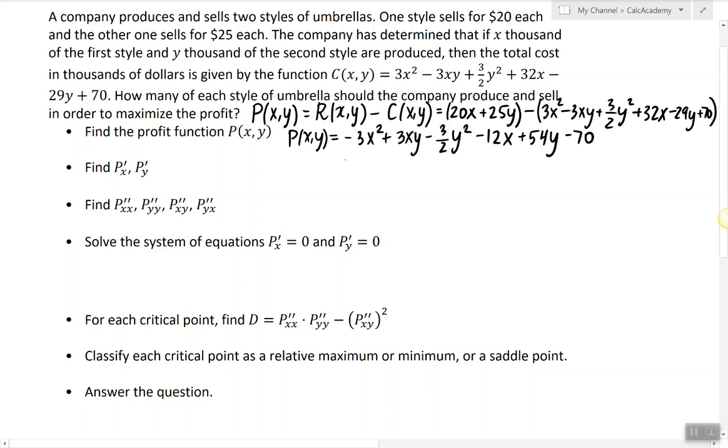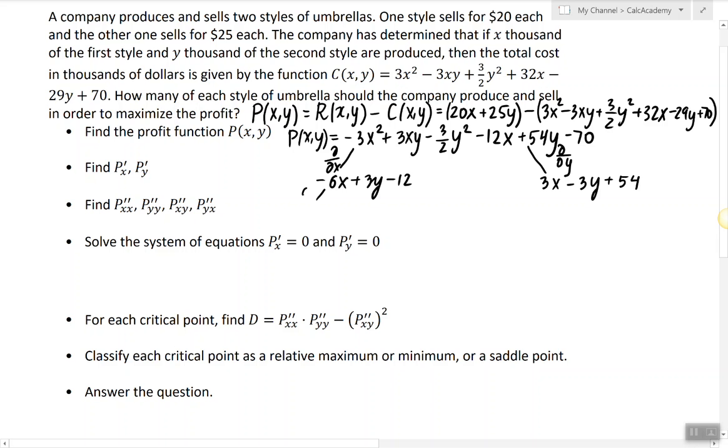So the first derivative with respect to x is negative 6x plus 3y plus 12. The first derivative with respect to y is 3x minus 3y plus 54.